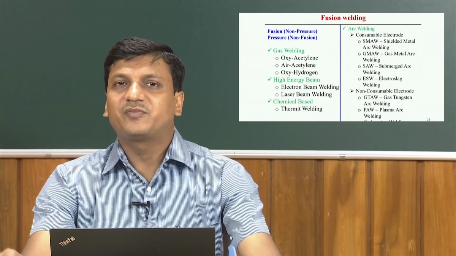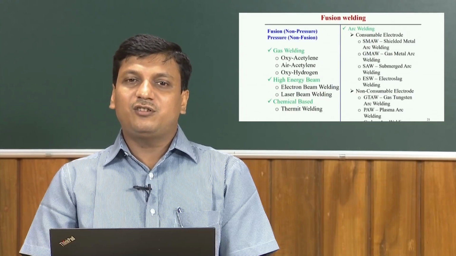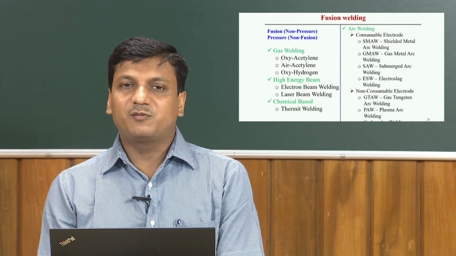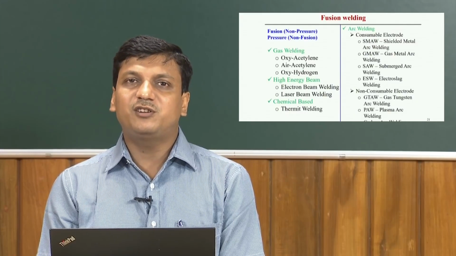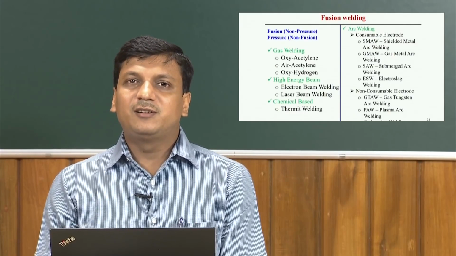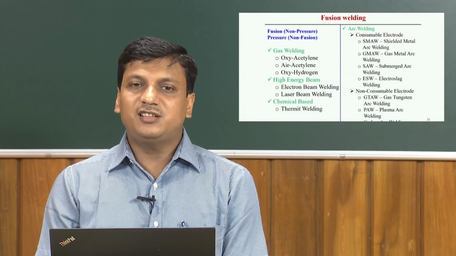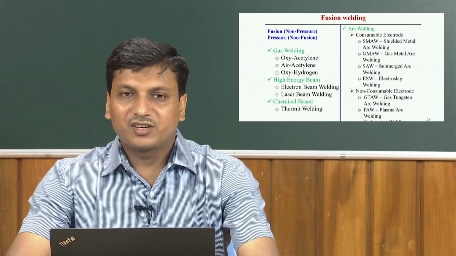In this way, using filler metals, non-consumable electrode arc welding processes can also be developed. For example, in gas tungsten arc welding, sometimes we use extra filler material, but the main electrode is not consumable. In that sense, it is called a non-consumable electrode arc welding process.